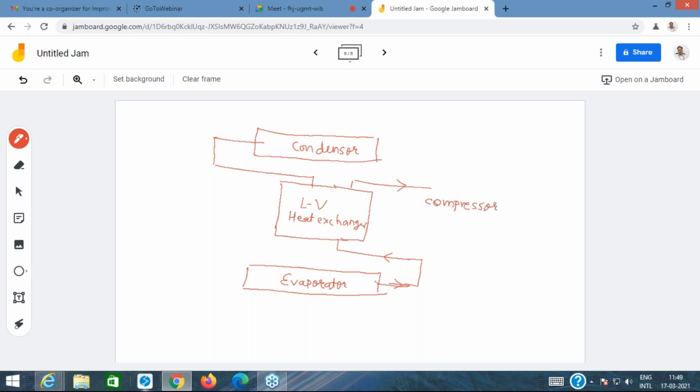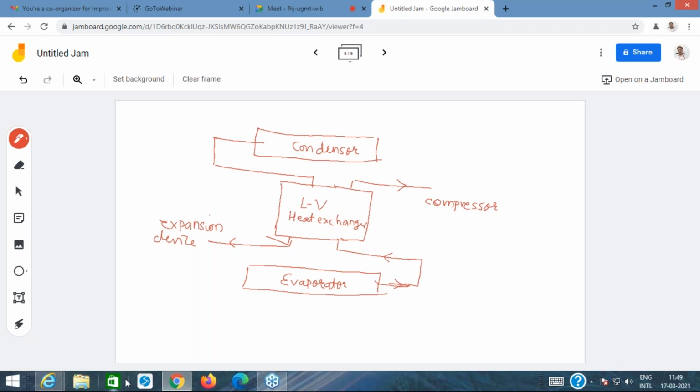And the refrigerant from the condenser first goes to the liquid vapor heat exchanger, and then it goes to the expansion device. So in your normal case, the refrigerant from the condenser enters the expansion device directly, and the refrigerant from the evaporator enters the compressor directly.